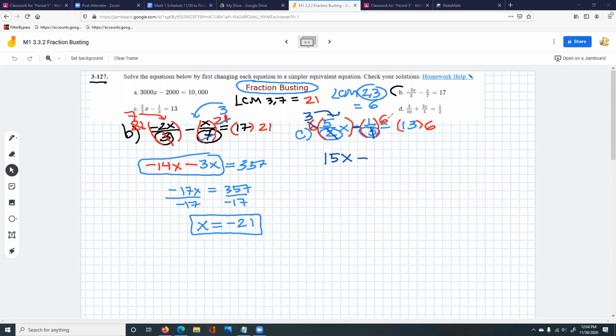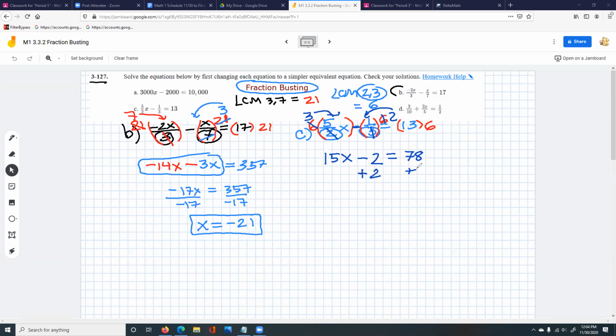This 3 goes into the 6 2 times. And I multiply it by 2: negative 1 times 2 is negative 2. And then 13 times 6 is 78. So equals 78.